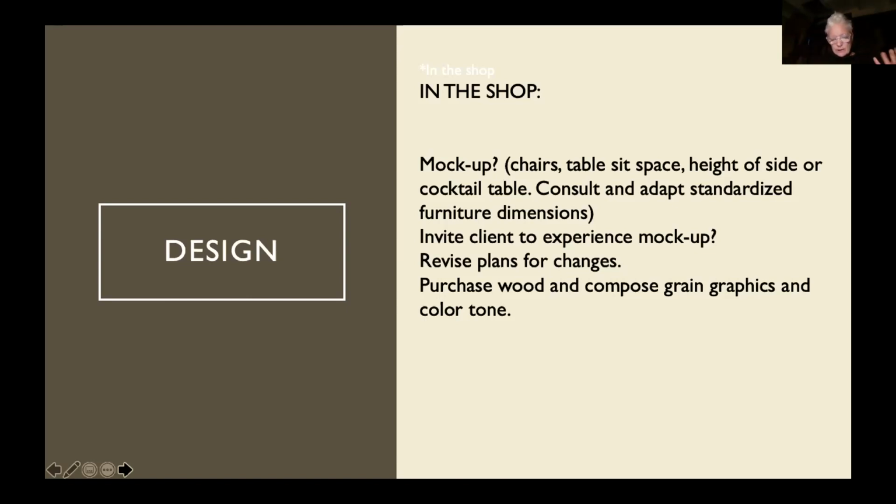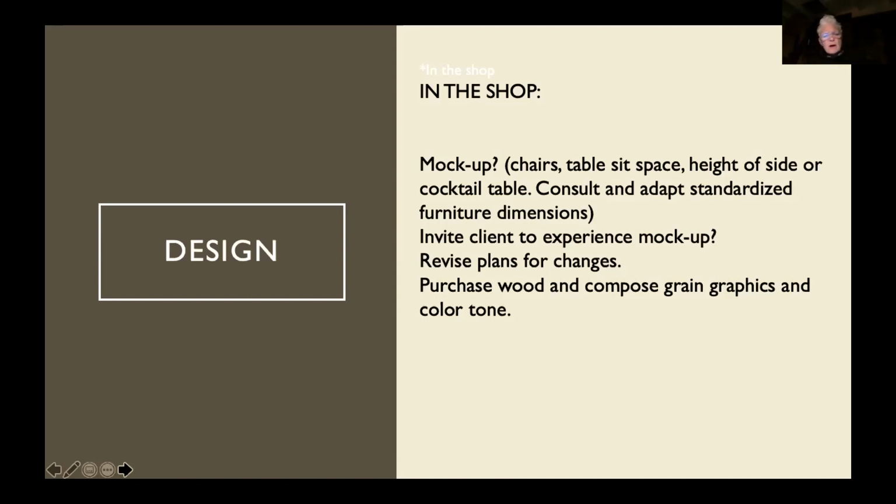With grain graphics, you can get 2 that are really busy and don't work together, or you can get 2 that do. So I really need to consider grain graphics. To me, that's one of the most front and center aspects of design and woodworking: grain graphics and color tone. So I'll take a lot of time.